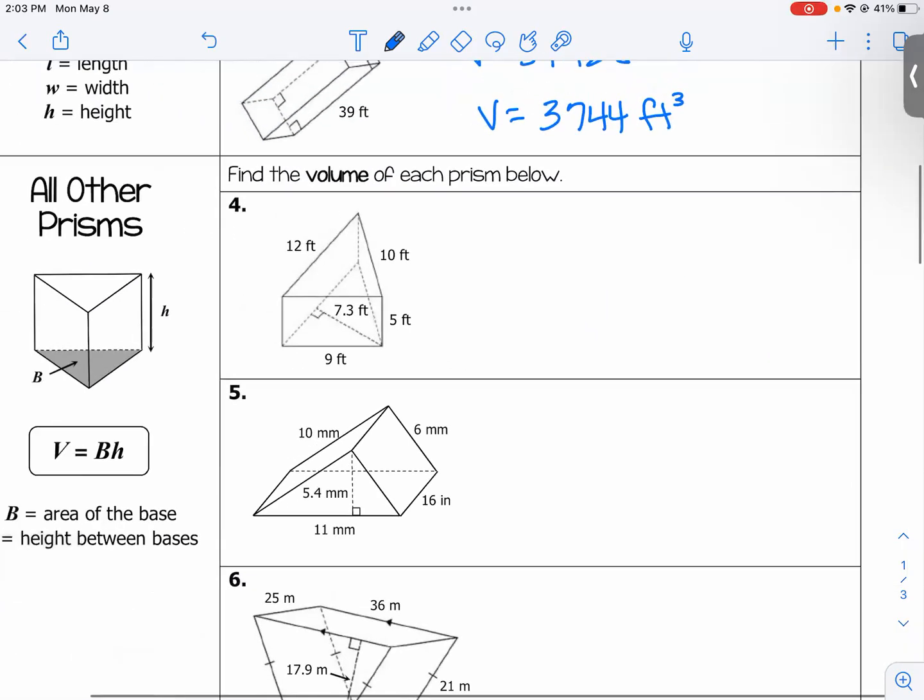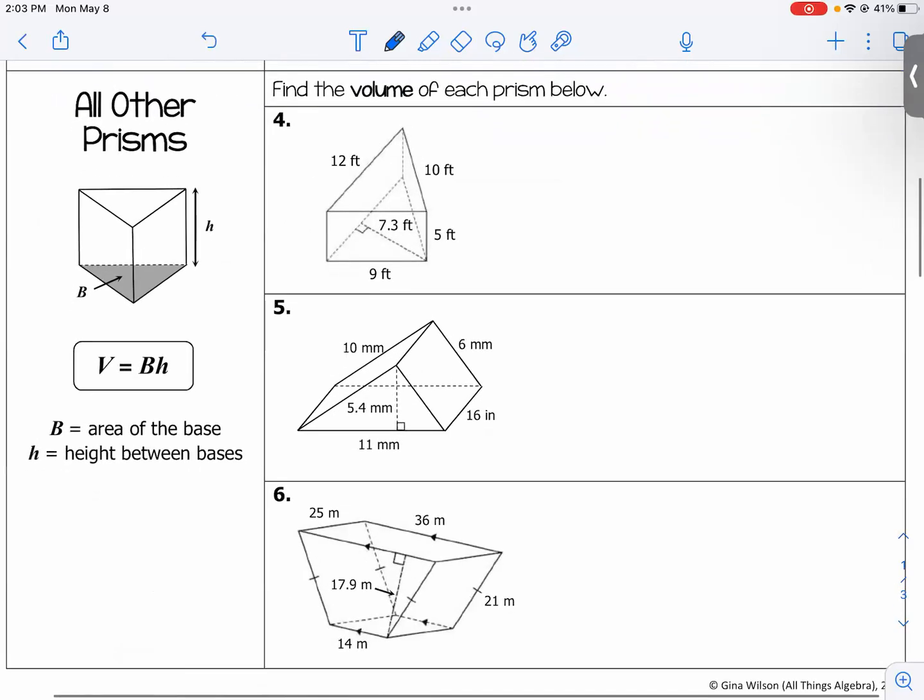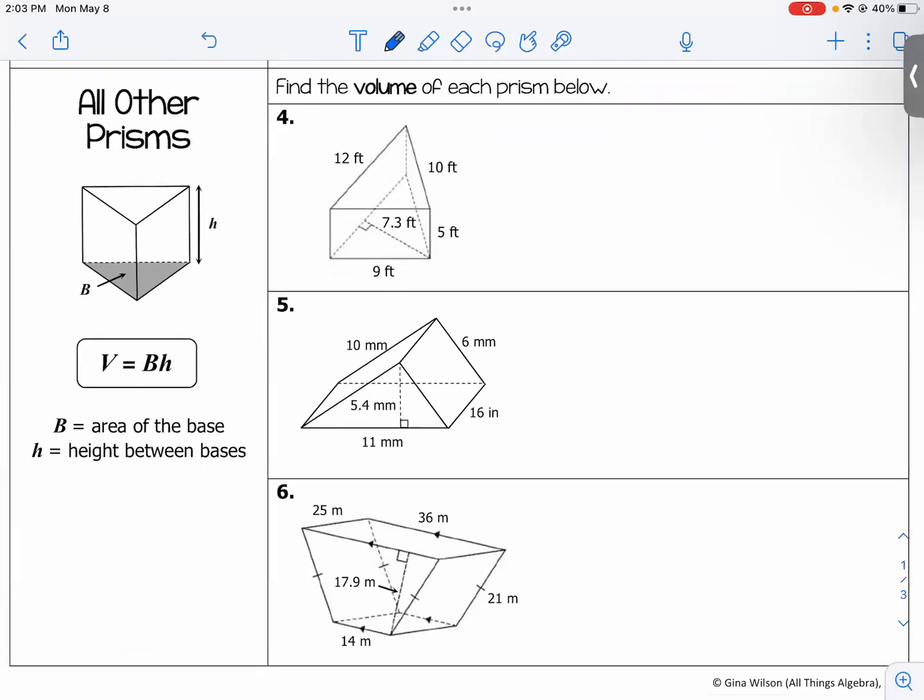Now, here's the deal. If we have a prism that is not rectangular, this is the formula we need to use. Area of the base times the height. So we first need to determine what is the base. And remember, in a prism, we have 2 parallel bases that are the same shape. They're congruent. Okay.